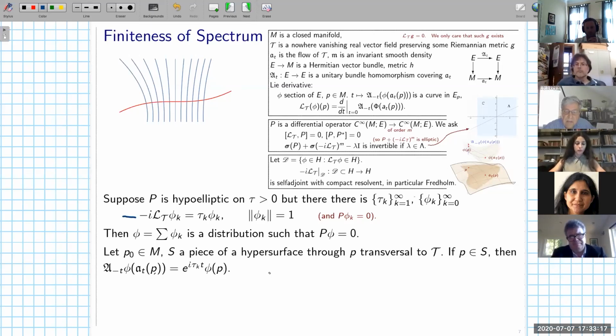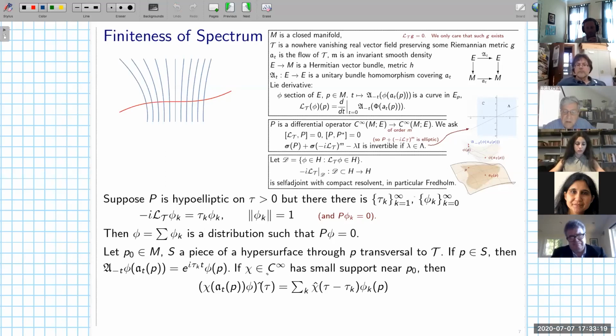Then if I take a C-infinity function phi that has small support near the point P0 and do the Fourier transform of the product of this times phi, then what I get is, so what's the formula? The formula is the sum of these gadgets.